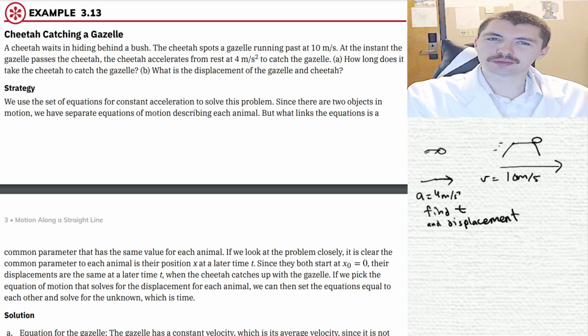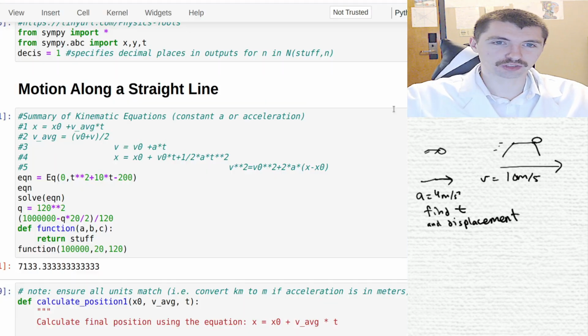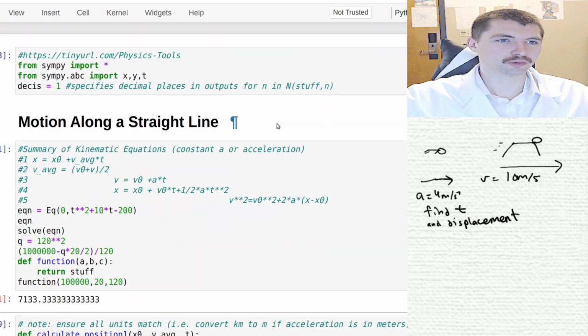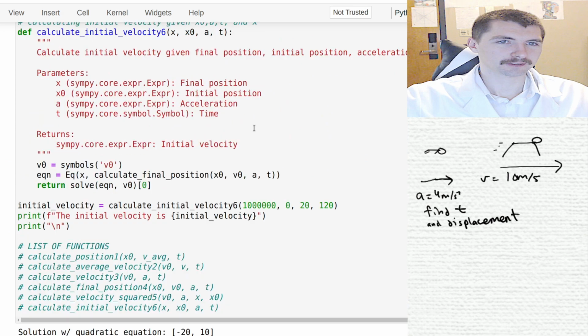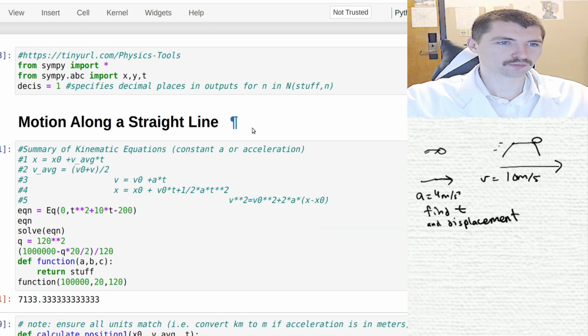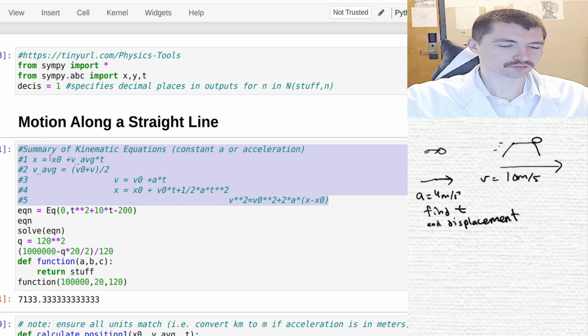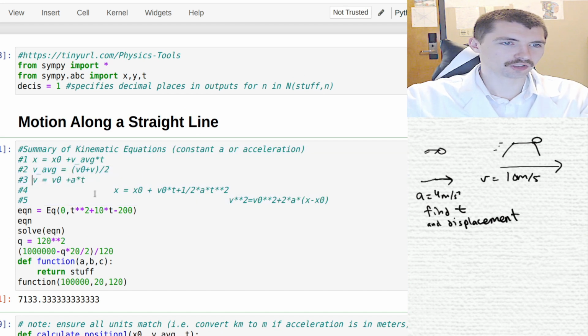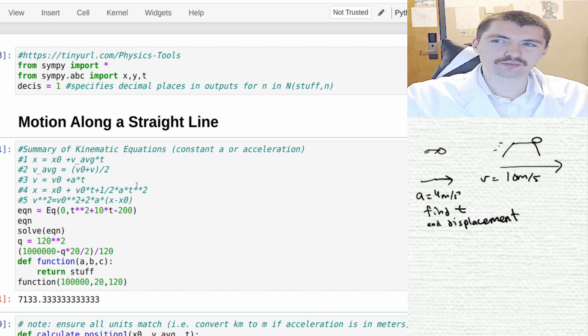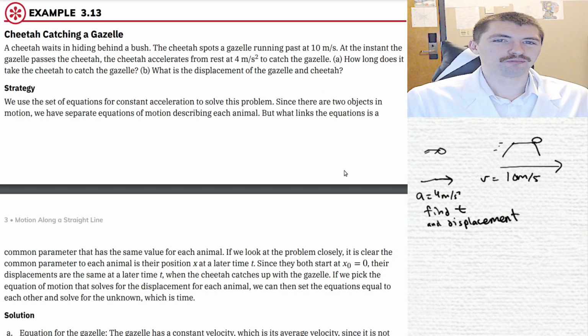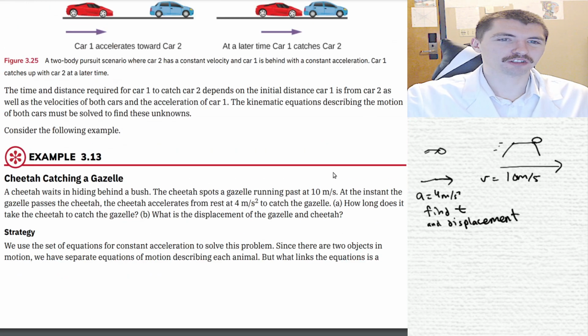Okay, so first we are going to consider our equations. Hmm, I'm not reading the strategy yet.